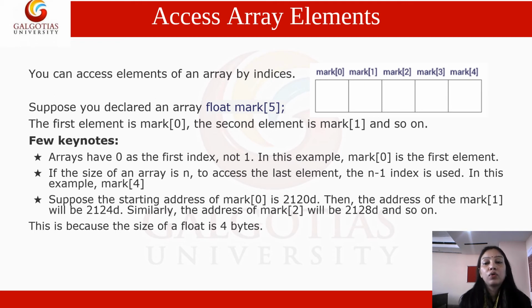Now how are you going to access the array elements? You declare it, and the elements are stored in that array. So how will you access an element? Through its index.